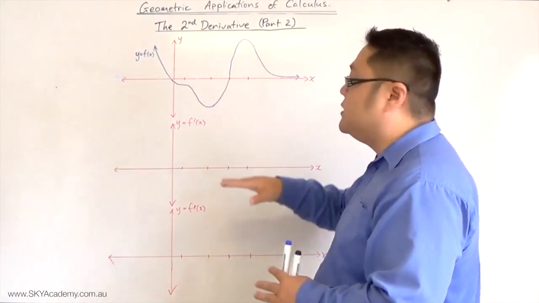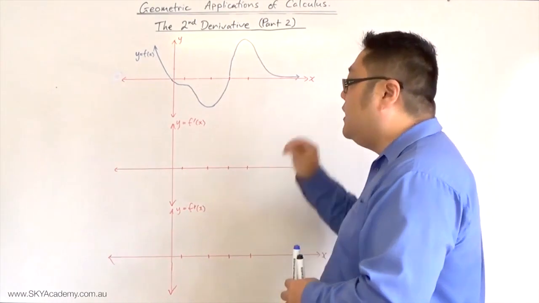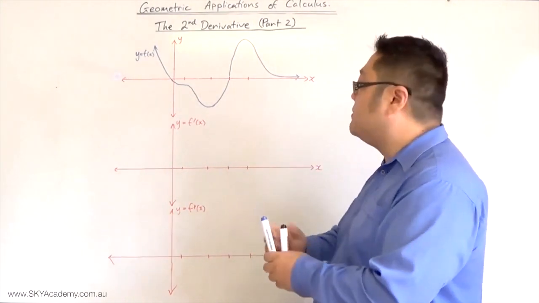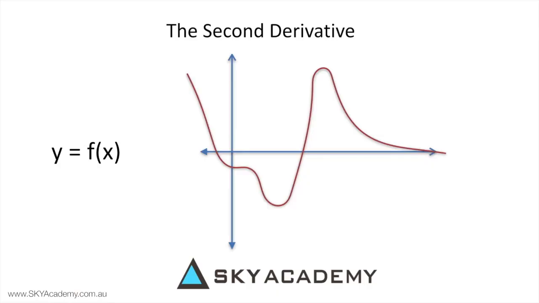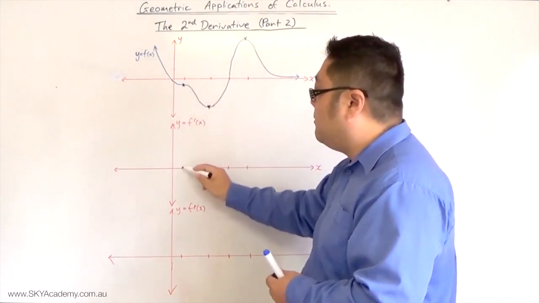The way we graph the gradient function for this is by first looking at the stationary points. Where will the stationary points be? You've got a stationary point there, a stationary point there, and what we also know to be a stationary point there. This is what we call a point of inflection.